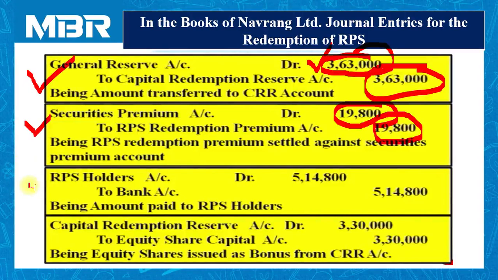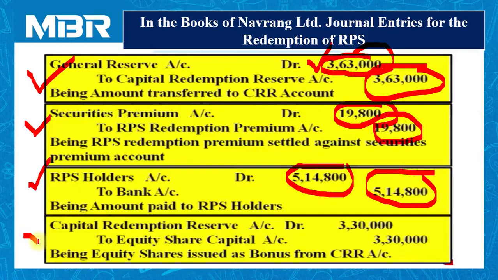Now it is time to pay amount to RPS holders, that is step number 5. It's very simple. Whatever amount we have calculated in step number 2, we have to pay in step number 5. RPS holders account debited 5,14,800, to bank account 5,14,800.